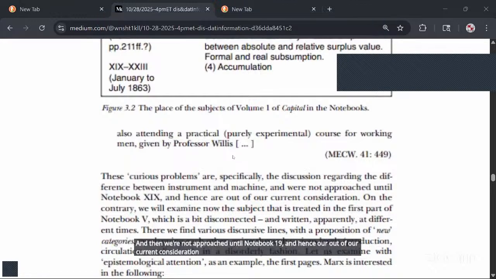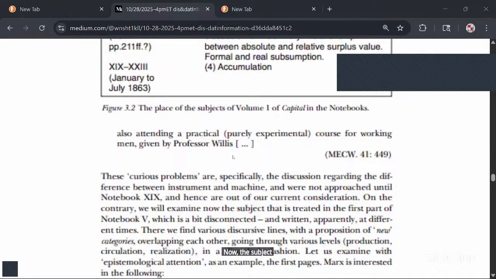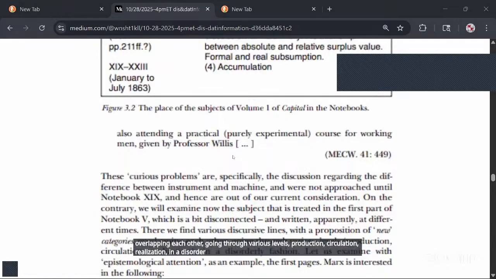On the contrary, we will examine now the subject that is treated in the first part of notebook 5, which is a bit disconnected and written apparently at different times. There we find various discursive lines with a proposition of new categories overlapping each other, going through various levels, production, circulation, realization, in a disorderly fashion.